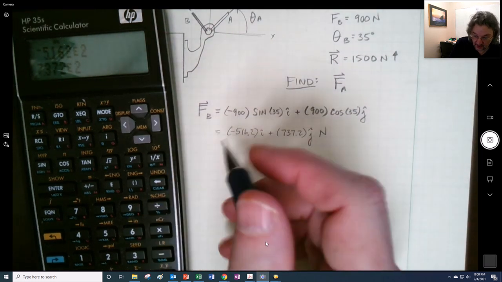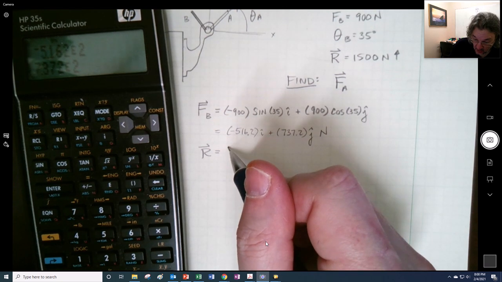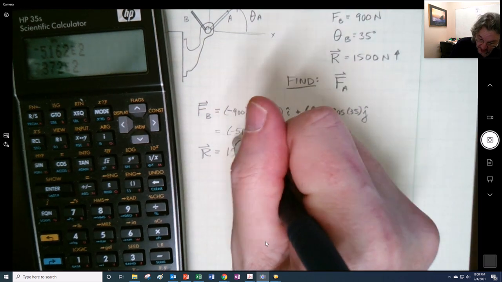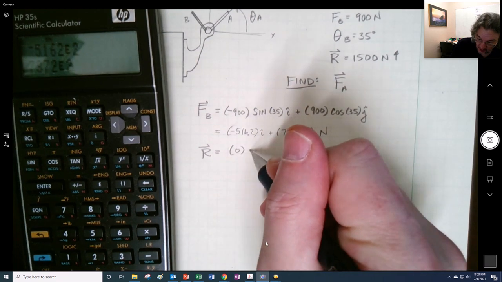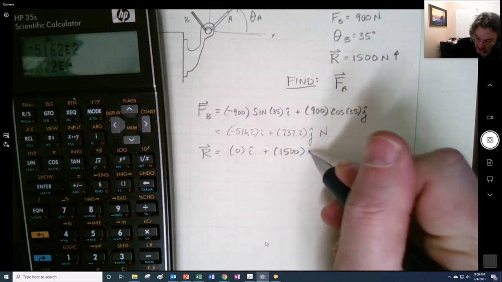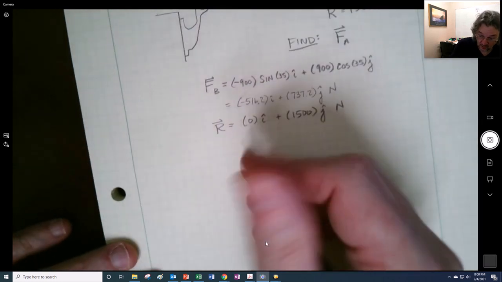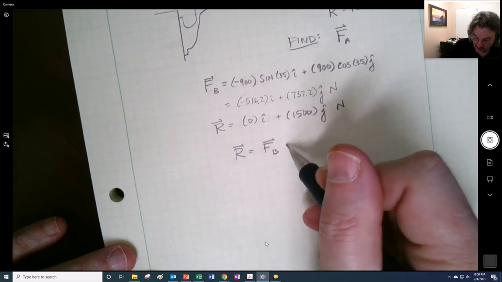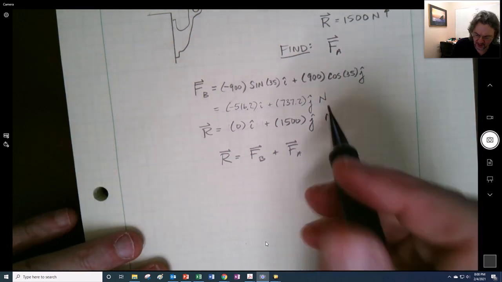We're given that R is equal to 1,500 newtons, 0 i plus 1500 j newtons. So we will find that R is going to be equal to FB plus FA. Why didn't I go FA first? I don't know. I could have gone alphabetical order. It would have been nice, right?